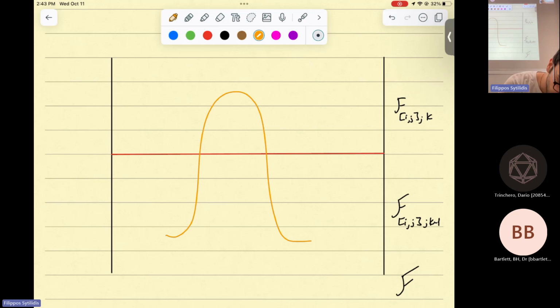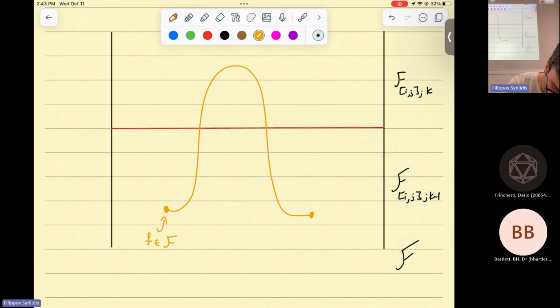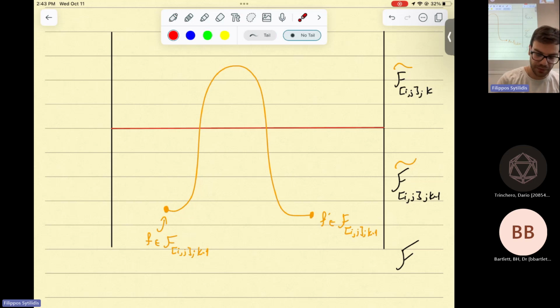I start with a point which I'm calling f. So f lives in curly F of ij semicolon k minus 1. F tilde lives in curly F of ij semicolon k minus 1. Sorry, there should have been tildes here. The f and the f tilde are excellent Morse functions.